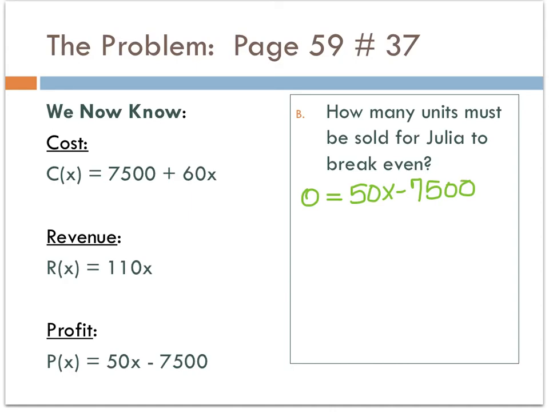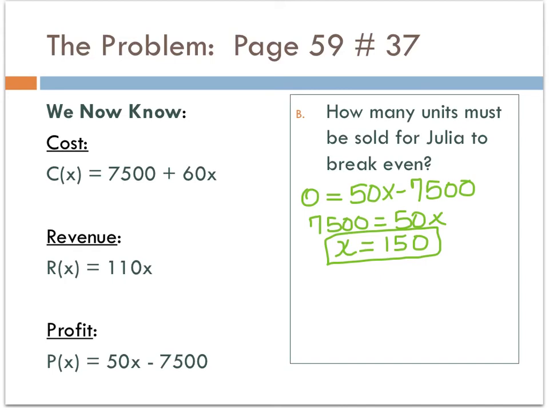So we would have 7,500 equals 50x, and divide both sides by 50, and you get x equals 150, which, conveniently enough, if you go back to our graph on the previous page, was the intersection point we saw for x. The two graphs intersected at x equal to 150.